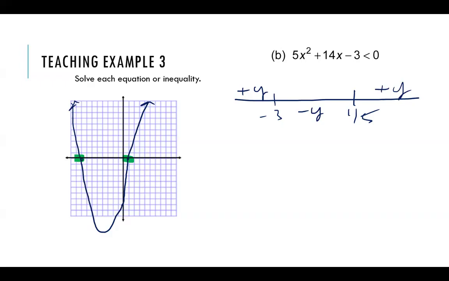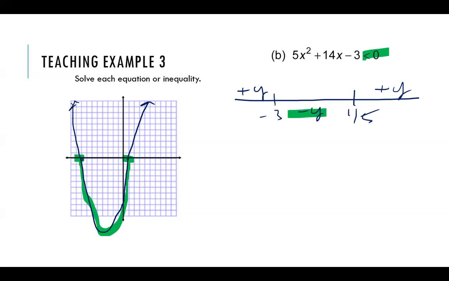Okay? So looking at my inequality, it says that I am less than 0, right? If I am less than 0, I'm looking for what type of y values? It's not a trick question. I'm looking for what kind of y values? Negative y values. We need negative y values. My negative y values are between where and where? -3 and 1/5.